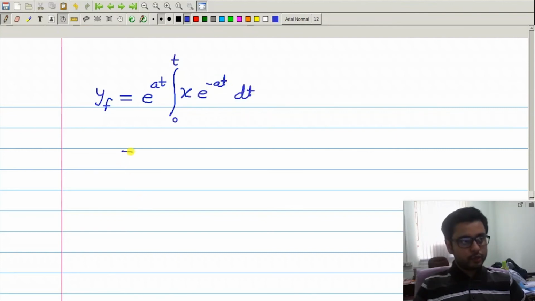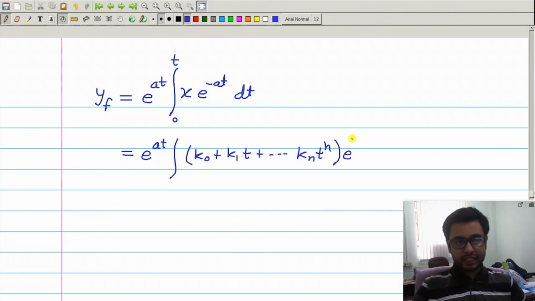Now let me put the expression for x, which is this polynomial multiplied by e to the power bt, then this e to the power minus at dt.